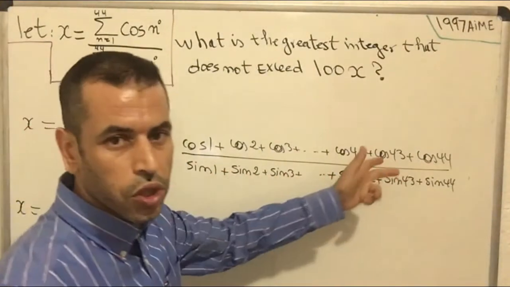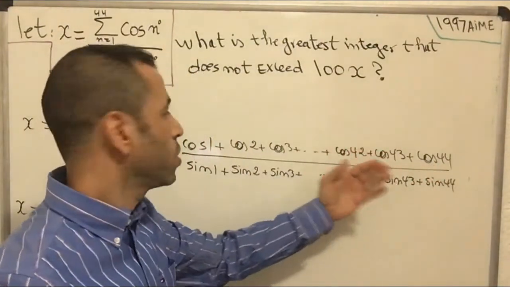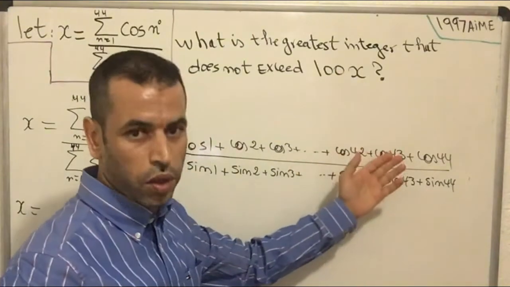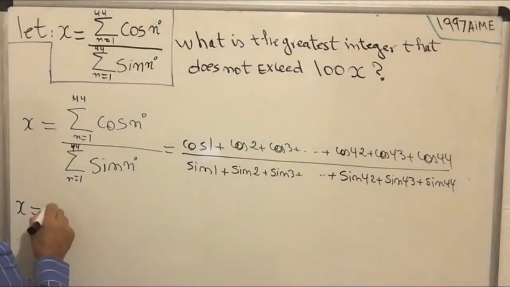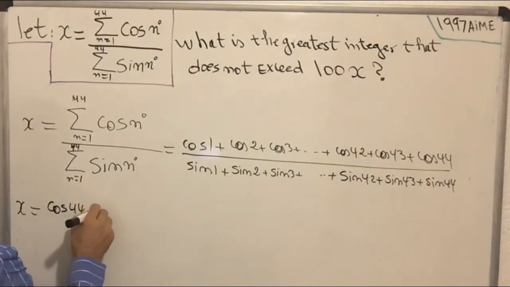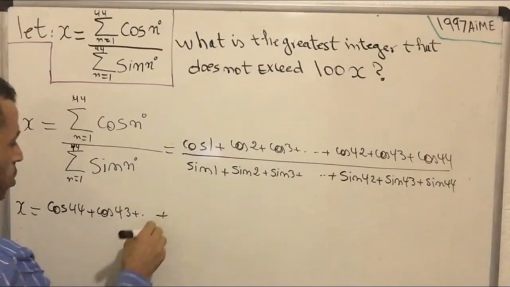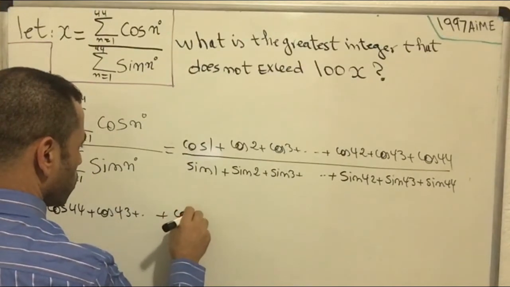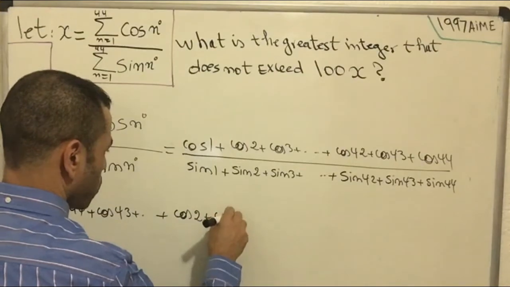I can switch these terms. I put cosine 44 in front and keep writing all the other terms in order until you get the first term: cosine 44 plus cosine 43 and so on until you get the last term, cosine 2 plus cosine 1.